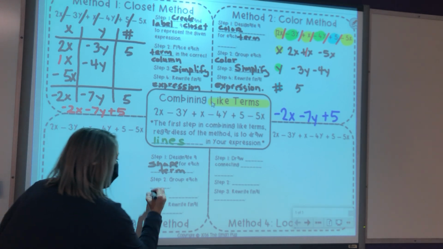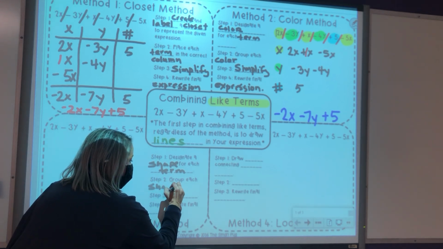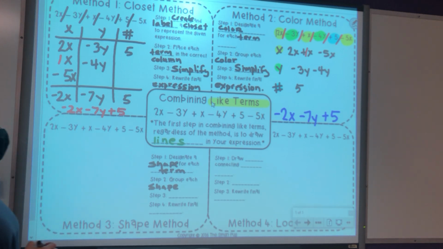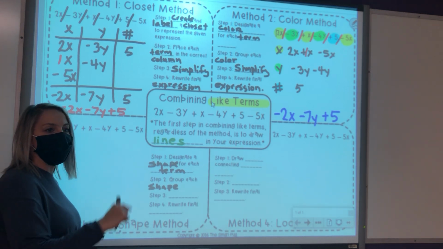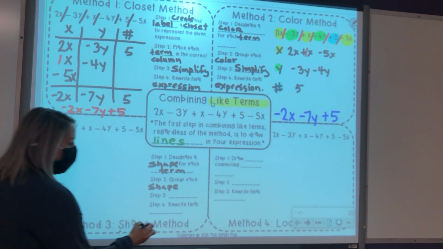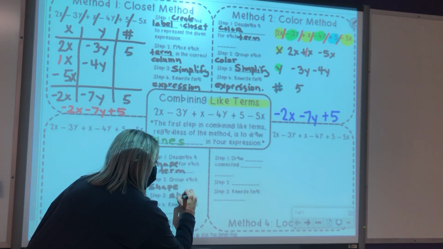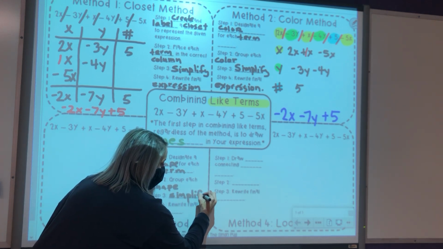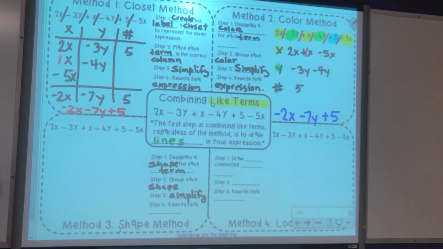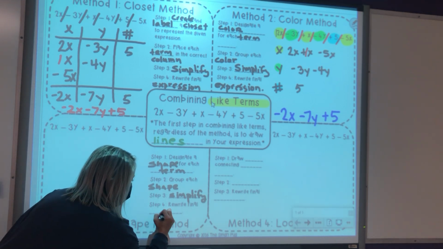You group each shape. Simplify. And then you rewrite your final expression.